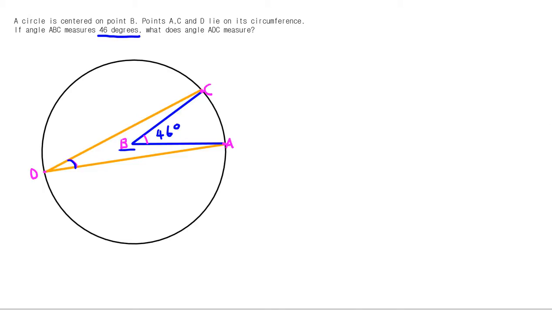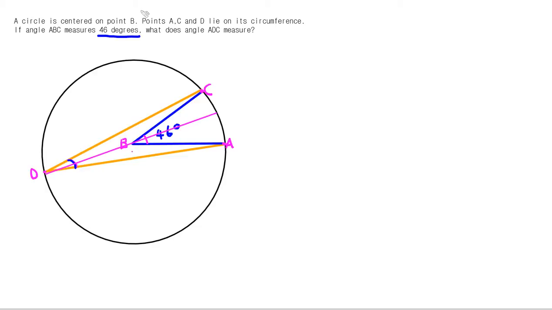There are a lot of ways of approaching this question, but at first I'm going to draw a diameter, like in this way.